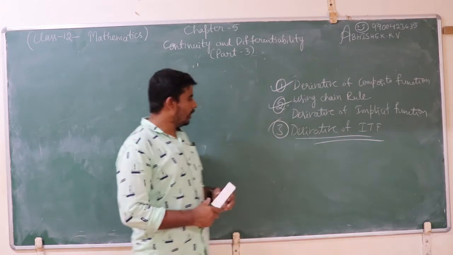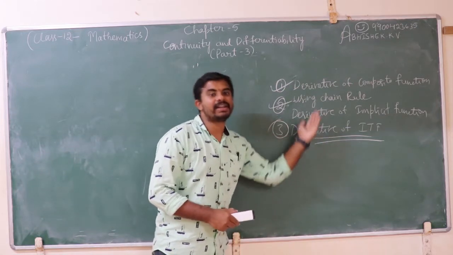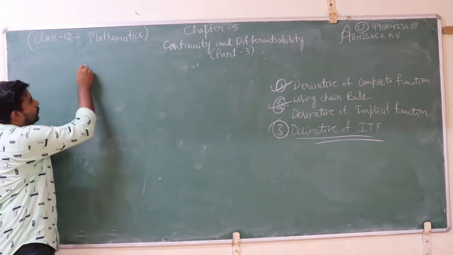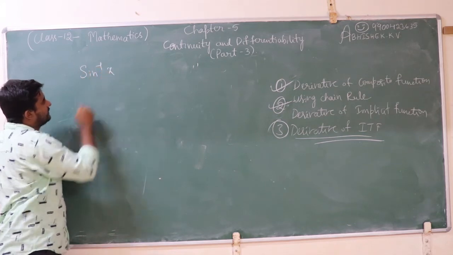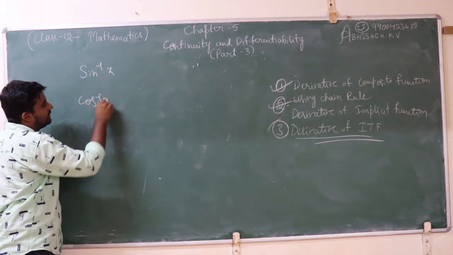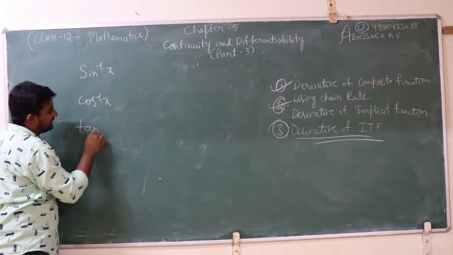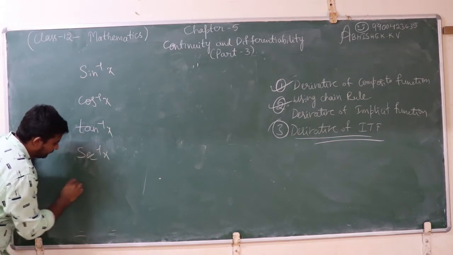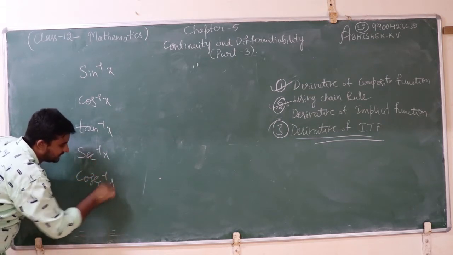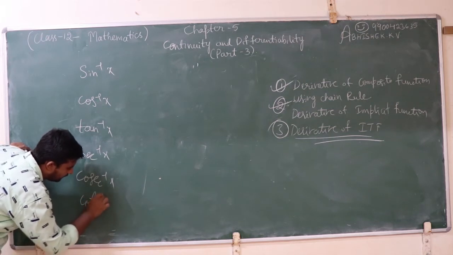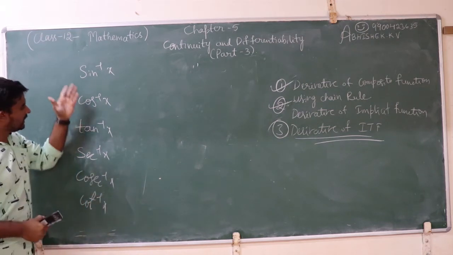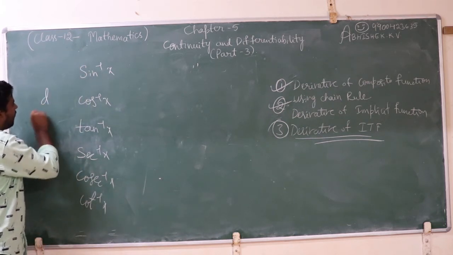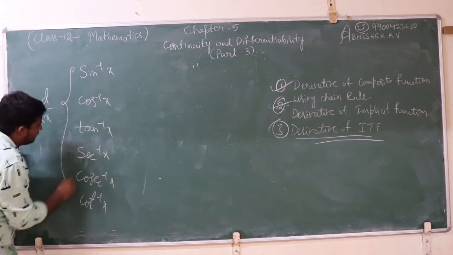We all know there are 6 inverse trigonometric ratios: sin inverse x, cos inverse x, tan inverse x, secant inverse x, cosecant inverse x, and cot inverse x. Here we are going to find the derivative. It is represented by d by dx.